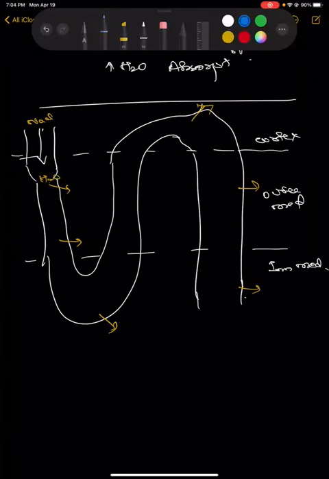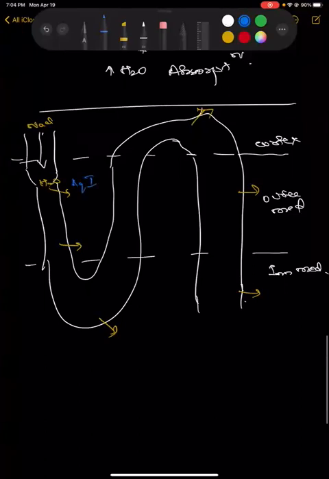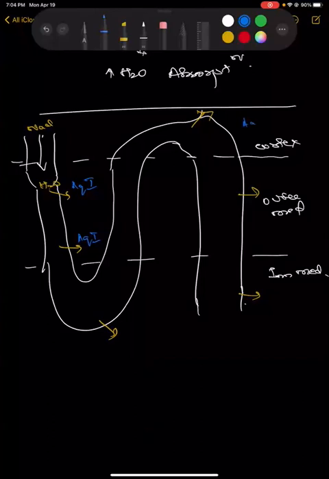In the proximal convoluted tubule, aquaporin 1 is the major channel through which water gets reabsorbed, and in the cortex and outer medulla and in the inner medulla, we have aquaporin 2 and 3. But in the inner medulla, in addition to 2 and 3, we also have 4.